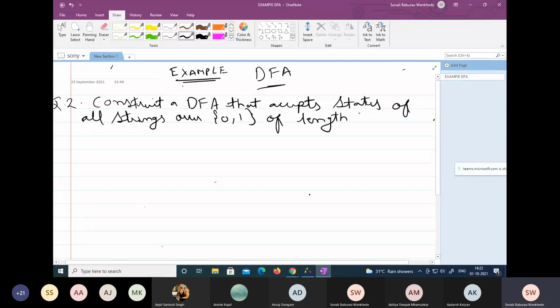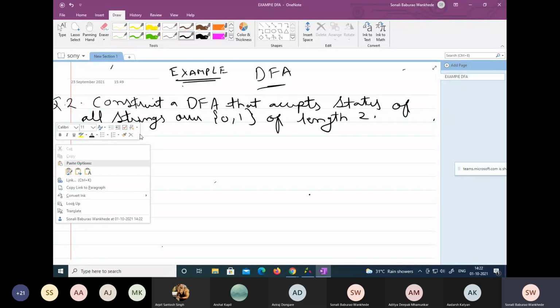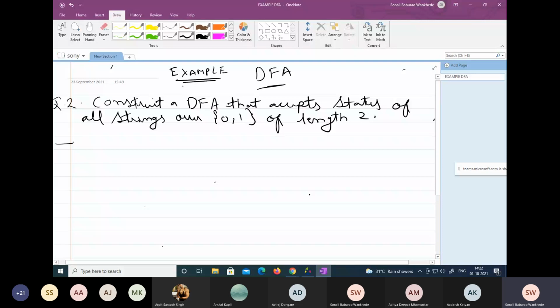I have to find a solution for this. This is the question which is given to you: construct a DFA that accepts all strings over 0, 1 of length 2.